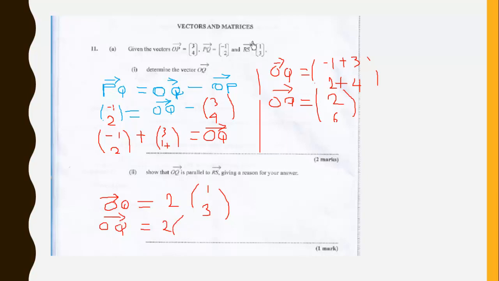But 1, 3 is vector RS. Hence, OQ is parallel to RS because one can be expressed as the scalar multiple of the other.